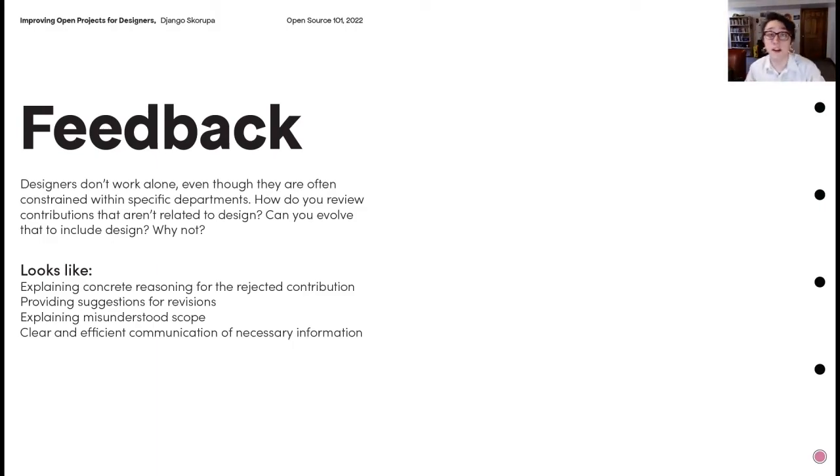Let's talk about providing feedback. Designers don't work alone. Even though they're often constrained to specific departments, designers thrive on collaborative feedback from members within their design team and members outside of the design department entirely.